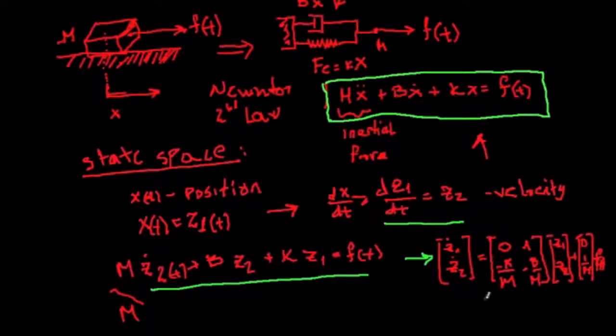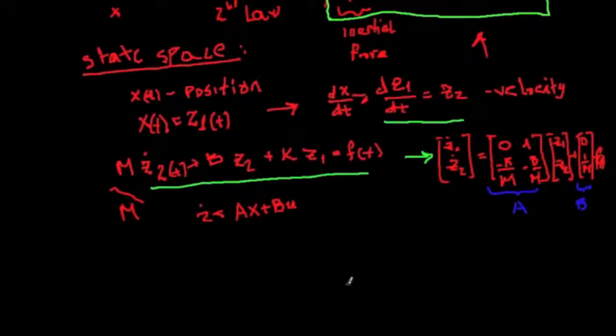In other words, we obtain the state space structure z dot equals A z plus B u, where this is matrix A and this is matrix B. So this is the obtained state space.